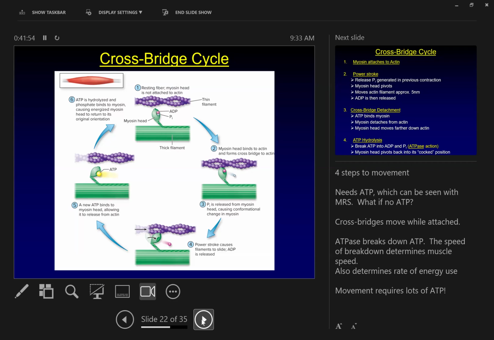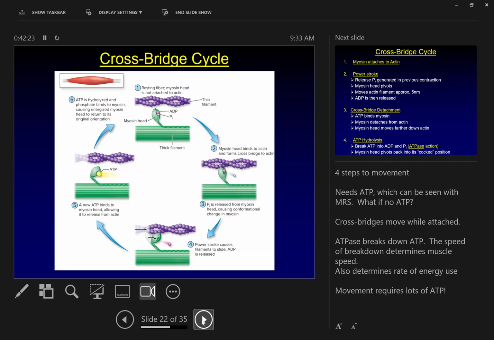This is the primary place where energy use during exercise occurs, in this cross bridge cycle. So it is absolutely key to understand and pay attention. In a resting muscle, all myosin heads have a molecule of ADP and a molecule of inorganic phosphate that have been split apart attached to them. They're here, they're resting, they're waiting.